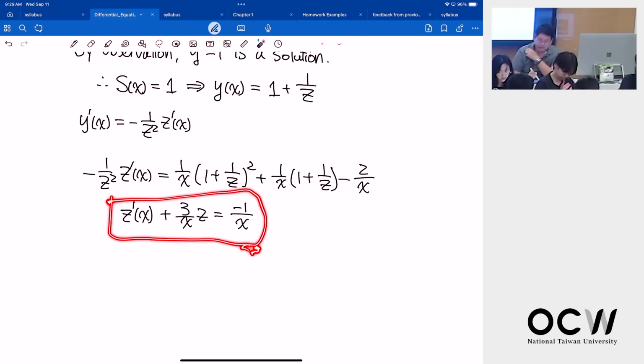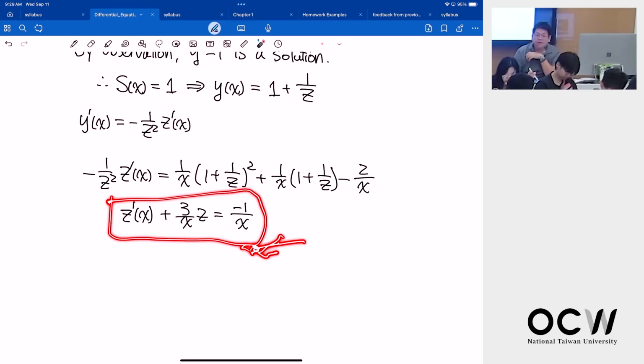Okay, so first, is that separable? Yes? No? Is this linear? Yes, this is linear.